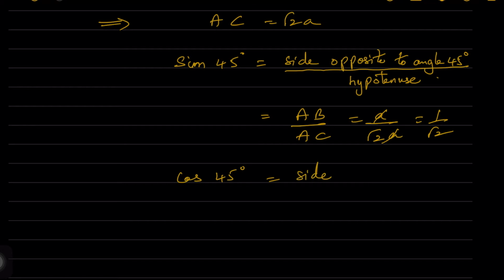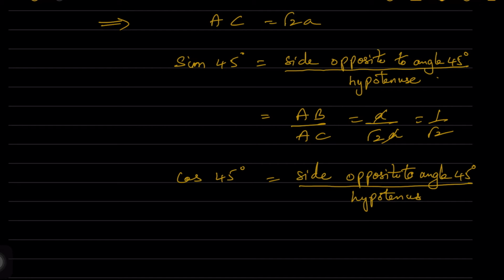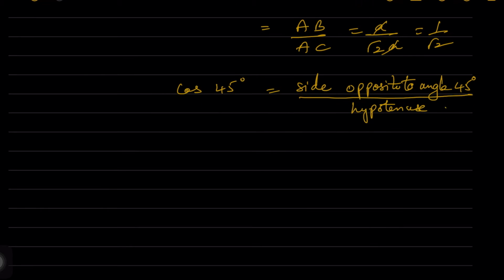So A will get cancelled, and it is 1 by root 2. Now cos 45 is equal to adjacent of 45 by hypotenuse. Adjacent of 45 is nothing but A, and hypotenuse is root 2A, that is BC by AC, which is equal to 1 by root 2.